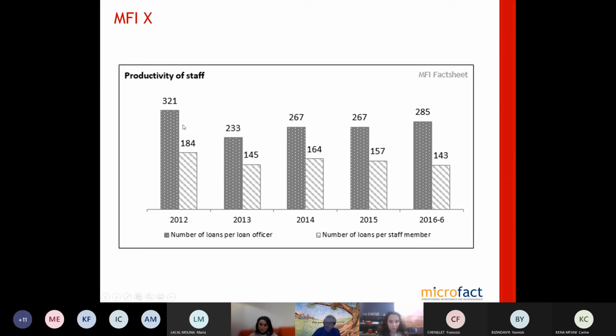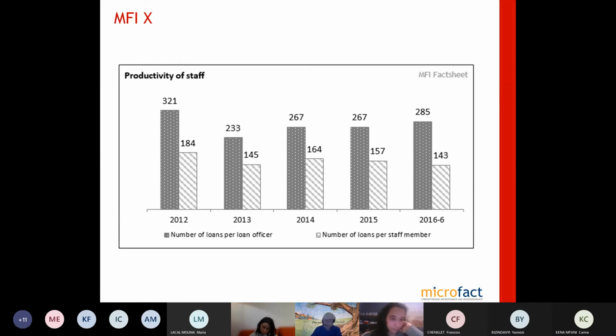So here you can see this MFI X was having a quite large, quite important back office, but then the back office went smaller and the productivity was also smaller. Remember, that was the year that they have, after the year of the high write-off, they changed apparently the activities, the productivity, the way of working.